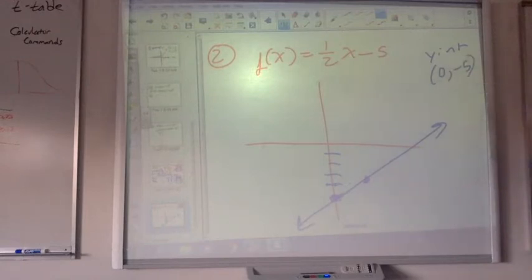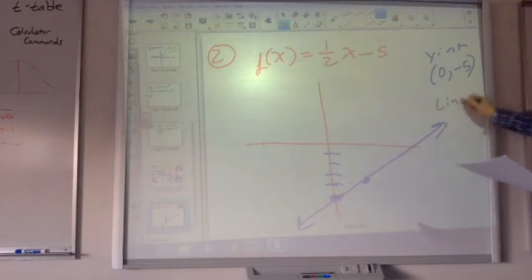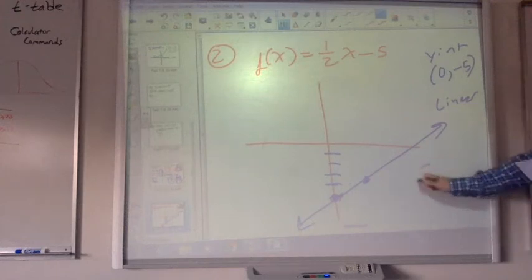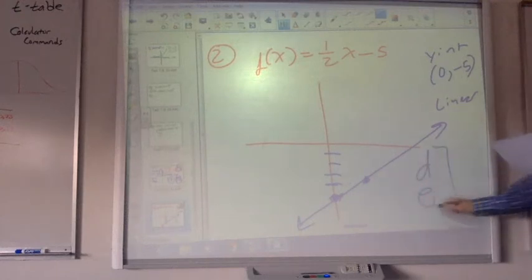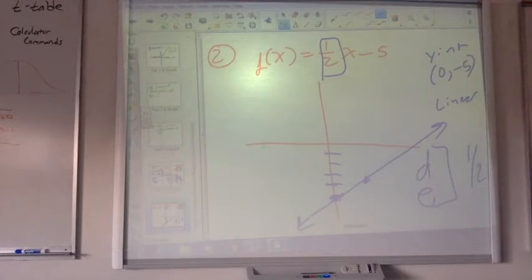We skip b, right? We don't have a horizontal asymptote, so b we didn't do. C, it's linear. D, what is the rate of change, and E, what is the rate of change? Well, the rate of change, the slope for any linear equation, so answer to D and E is the exact same answer. It's whatever the slope is. So this is the slope. There's nothing further for you. Okay?